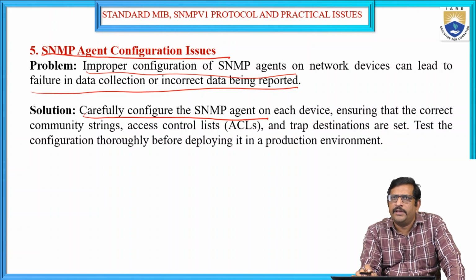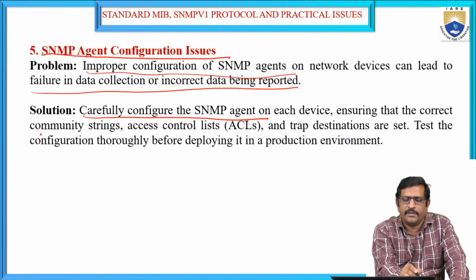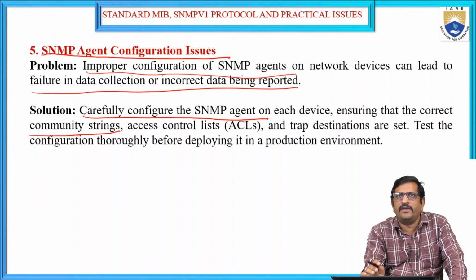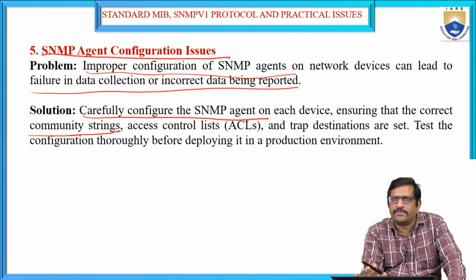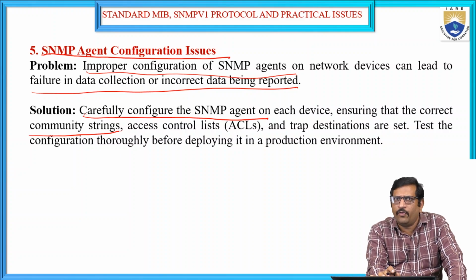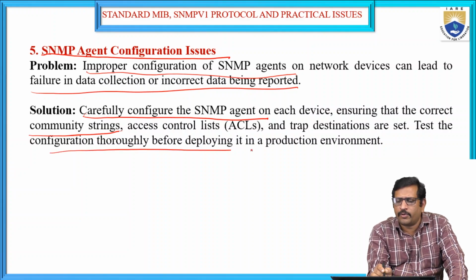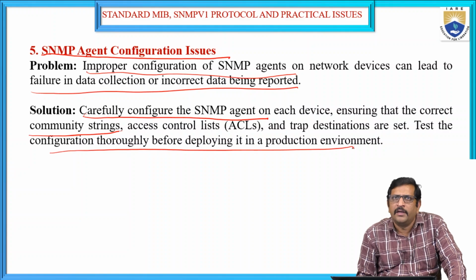This ensures the correct community strings. Whatever data you are transferring should be configured very effectively, with access control lists and trap destinations set. Test the configuration thoroughly before deploying it in a production environment.